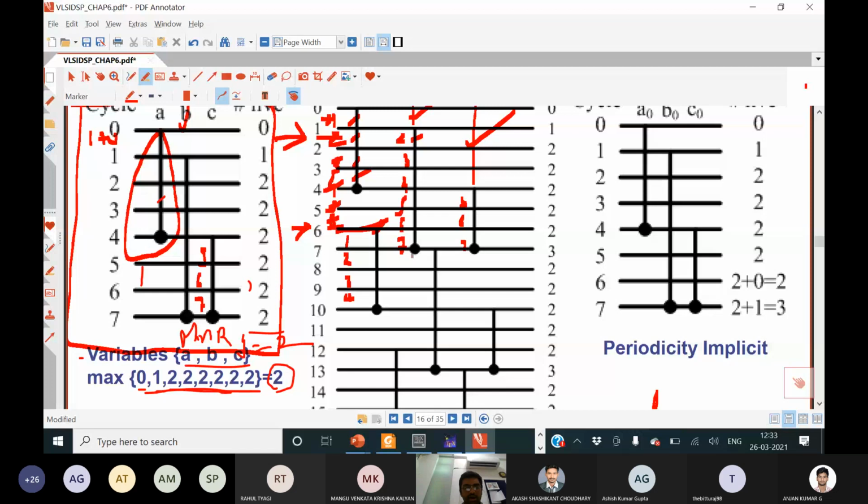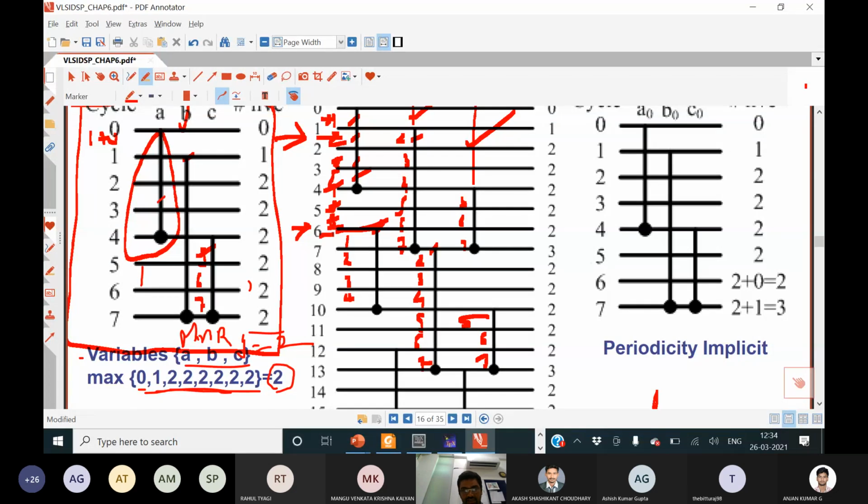Then B would start. If A starts from this, then after 1 clock cycle B would start, so B would start from here for second, third, 4, 5, 6, C1. And here what about C? It is 5, 6, 7.